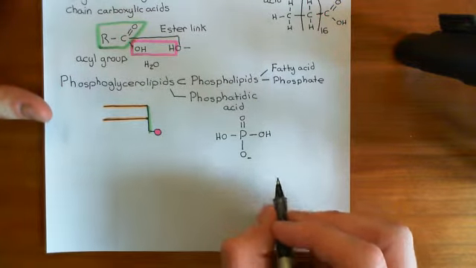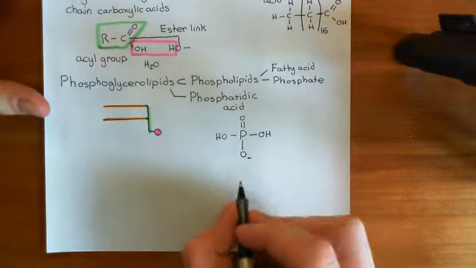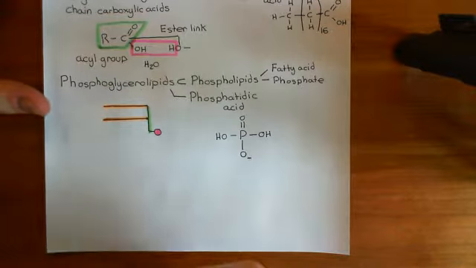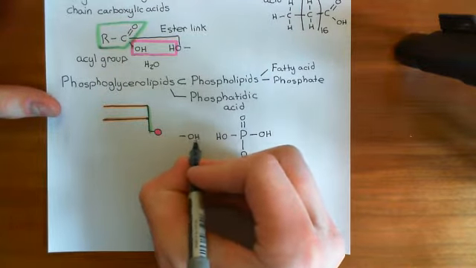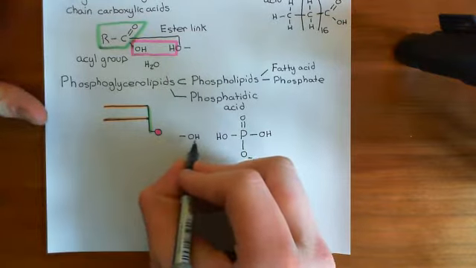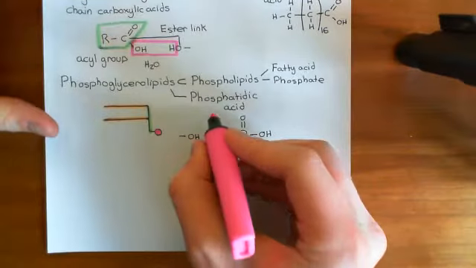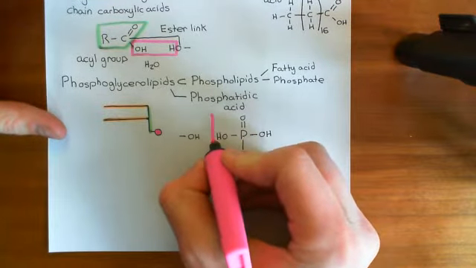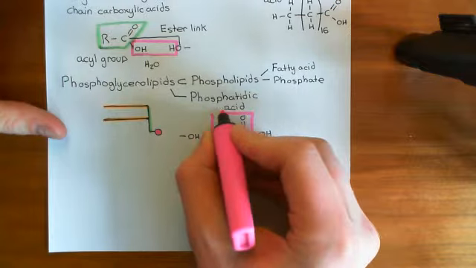Basically, inorganic phosphate groups can react with alcohol groups in much the same way as carboxylic acids can. So if we have the alcohol group of the third carbon of the glycerol molecule shown here, then if we look at this structure within the phosphate group in a bit more detail, look at this portion that I'm circling in purple.